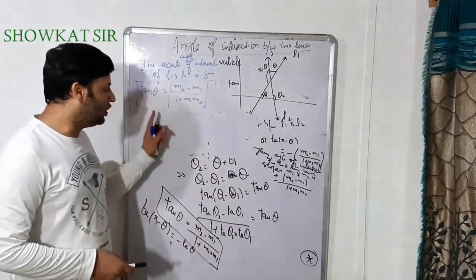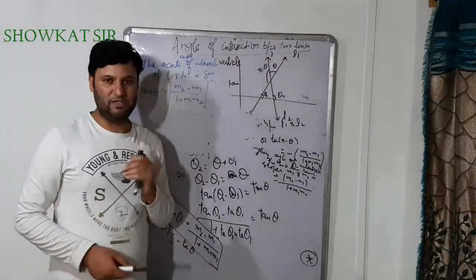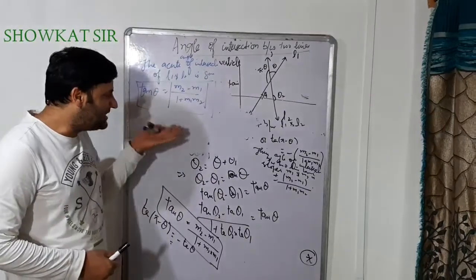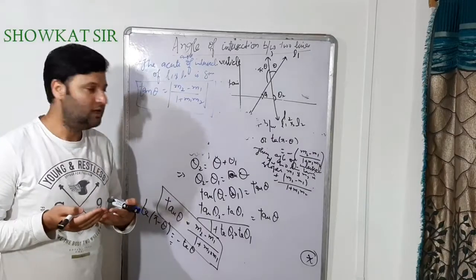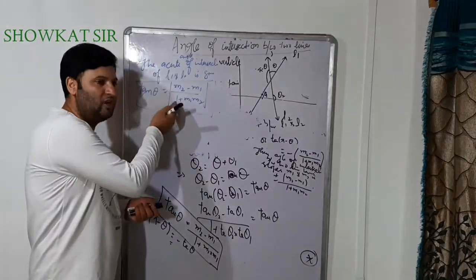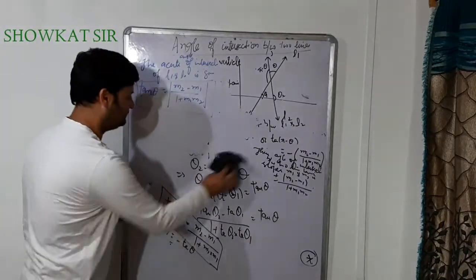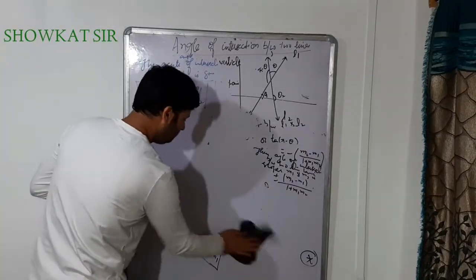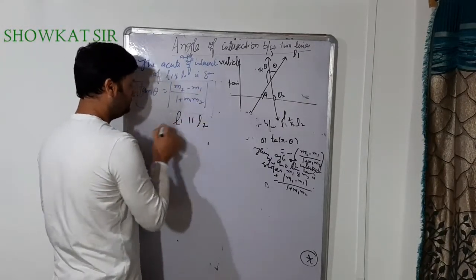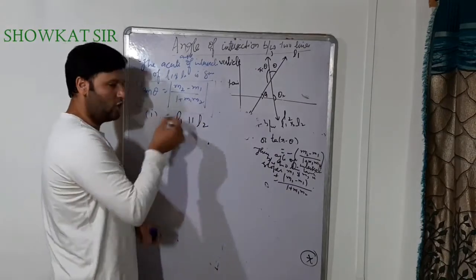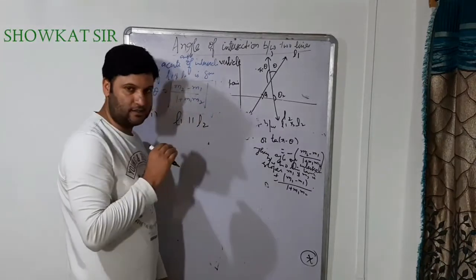So this was the angle of intersection between two non-vertical lines in terms of their slopes. And from here also we can determine the conditions of parallelism and perpendicularity that we saw earlier, using this formula. How?